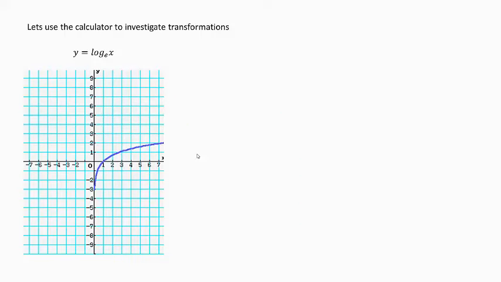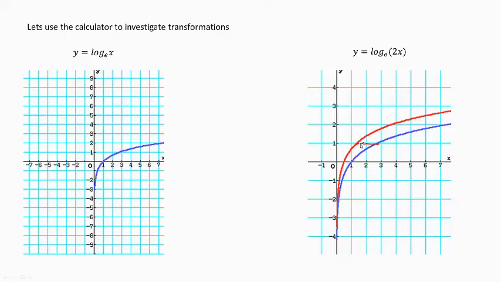Now let's see, what if we put the 2 inside the bracket? So this is now, instead of taking the log of x, we're taking the log of 2x. What's going to happen here? Again, I've made the graph bigger so that we can see what's happening. This is a bit harder to see. Here's my original point, and here's where that same point is being dilated to.